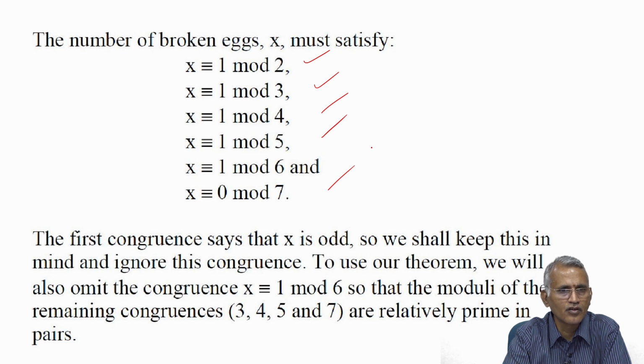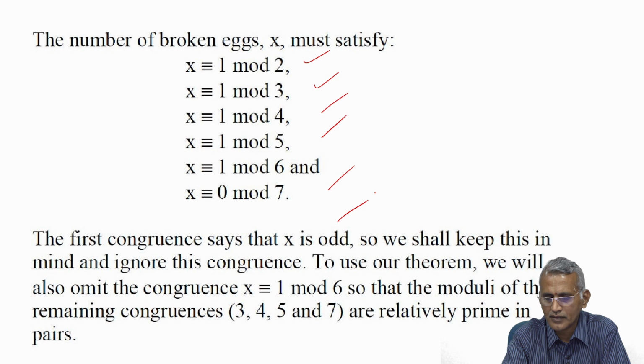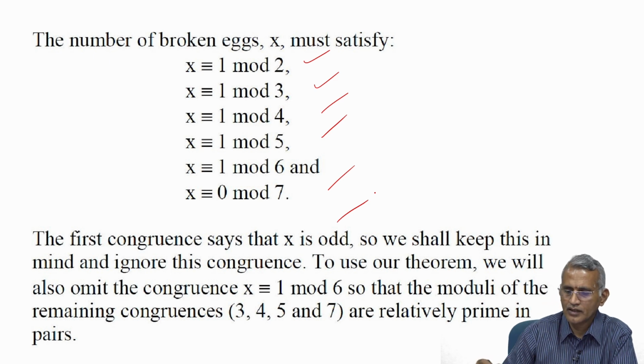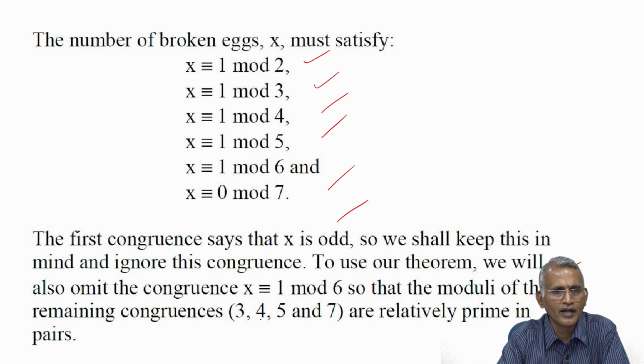See, the first congruence says that x is odd. So, we shall keep this in mind and ignore this congruence. For the use of our theorem, we will also omit the congruence x identically equal to 1 under modulo 6, so that the moduli of the remaining congruences, 3, 4, 5 and 7, are relatively prime in pairs.